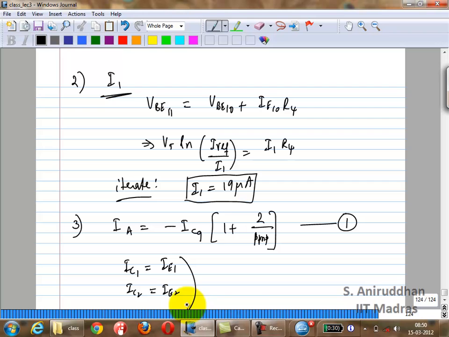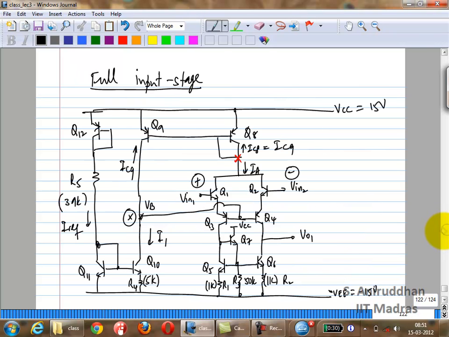What is this? This is the same as IA. Correct? So IA splits into IC1, IC2, becomes IE1, IE2, which is same as IE3 and IE4. Okay.